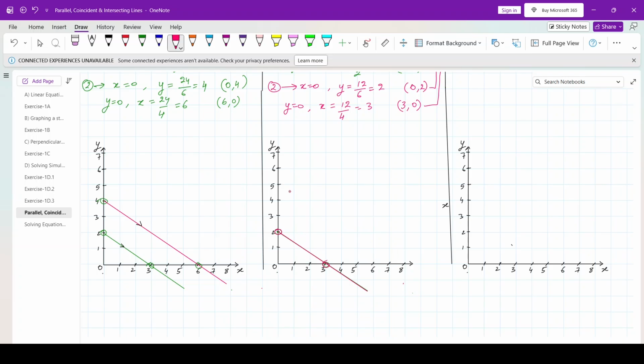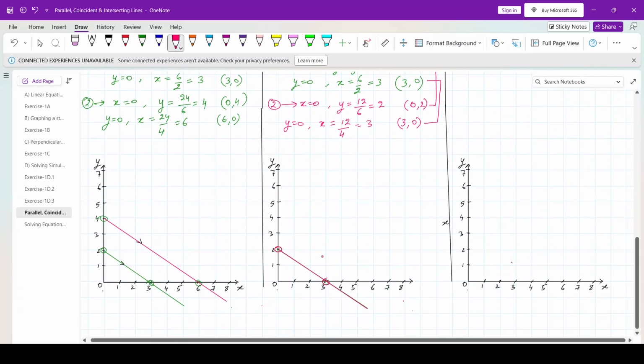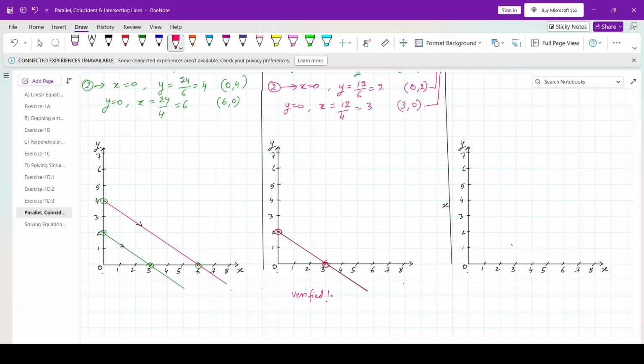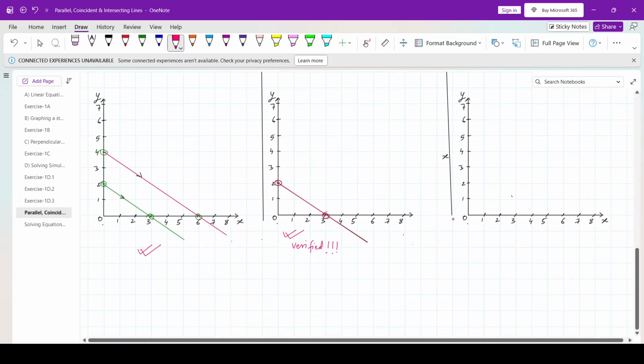In this case, when the lines are overlapping each other, we can also say that there are infinitely many solutions, hence verified. This condition is also verified. This condition is also verified.